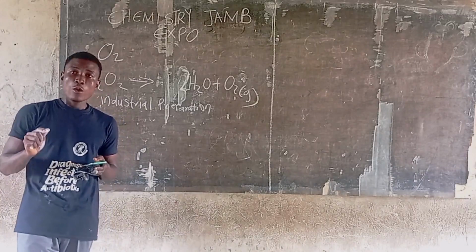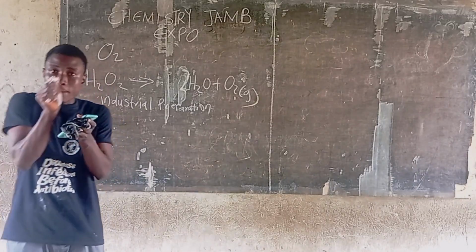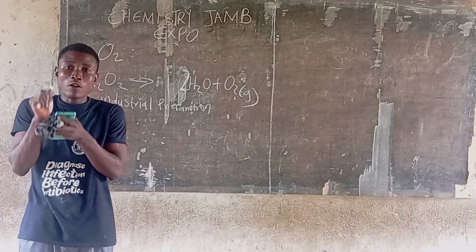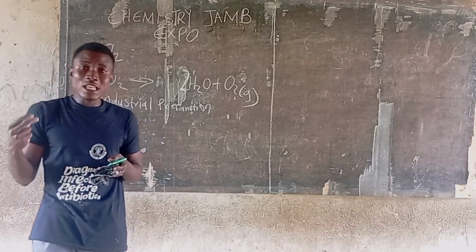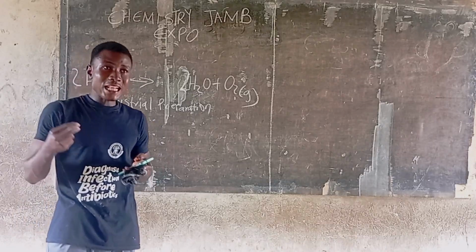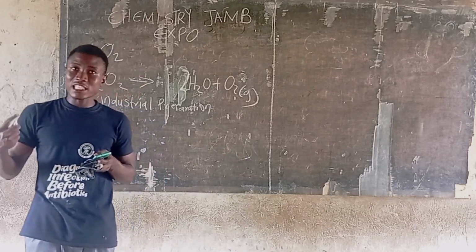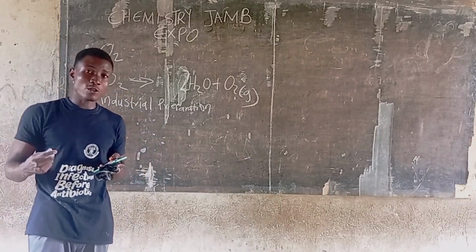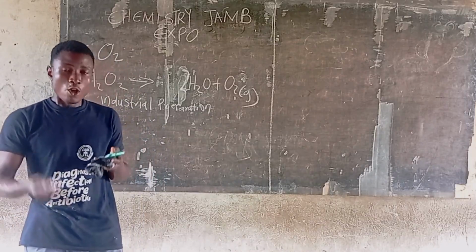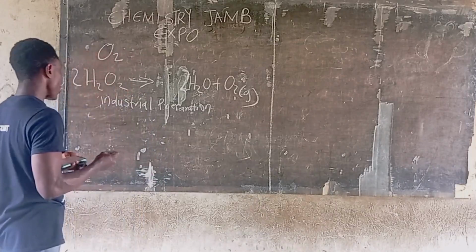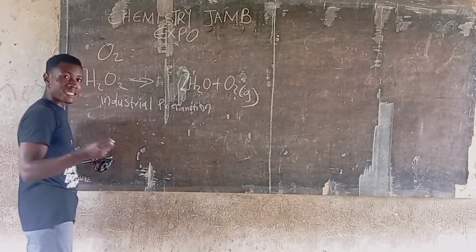And the only way we can separate our oxygen from other components of the air is by using their boiling point. Note that the only separation technique that is based on boiling point is known as fractional distillation. Oxygen boils at minus 183 degrees C.